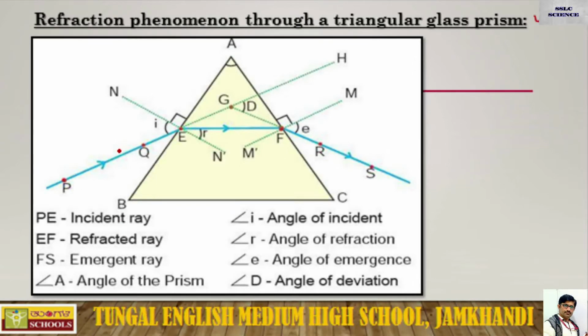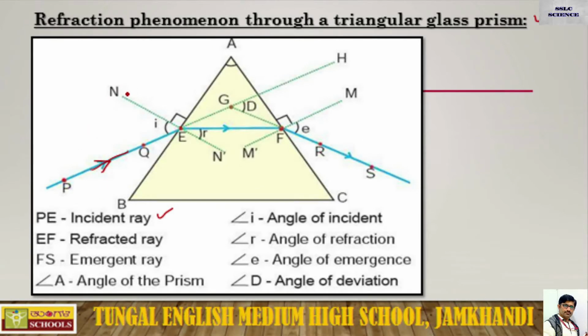So PQ is the ray which is incident on this surface. PE is considered as the incident ray of light.